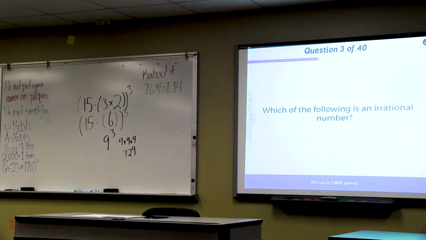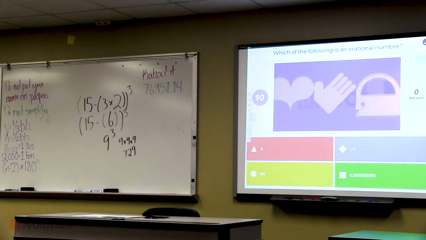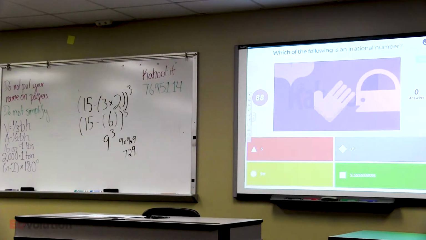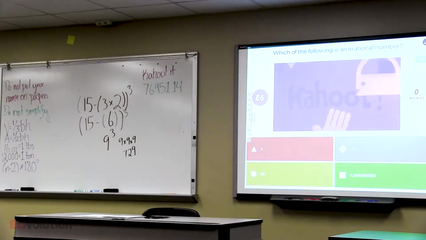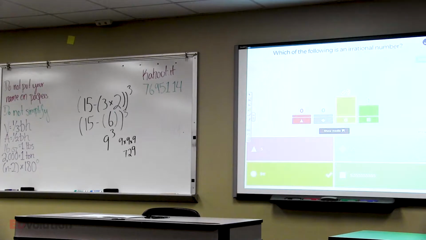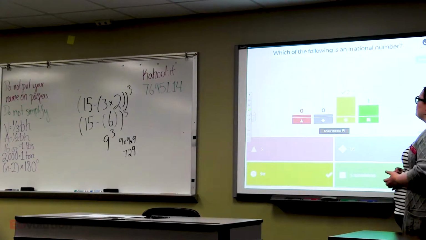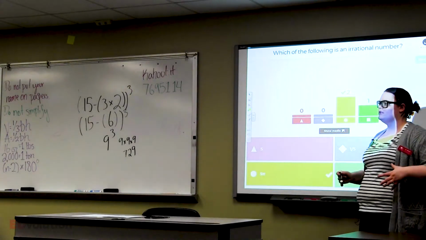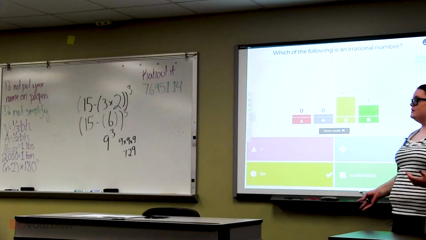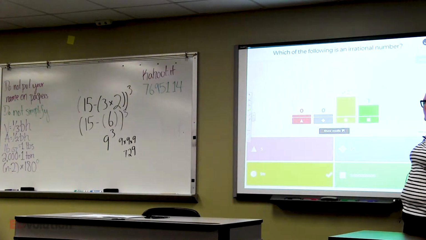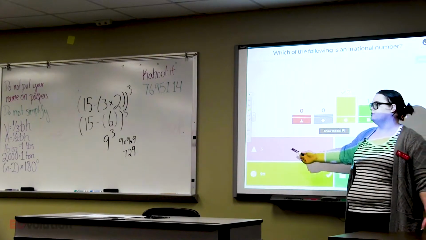Which of the following is an irrational number? Irrational numbers are numbers that have decimals that never terminate or end. With 5, there are no decimals at all.